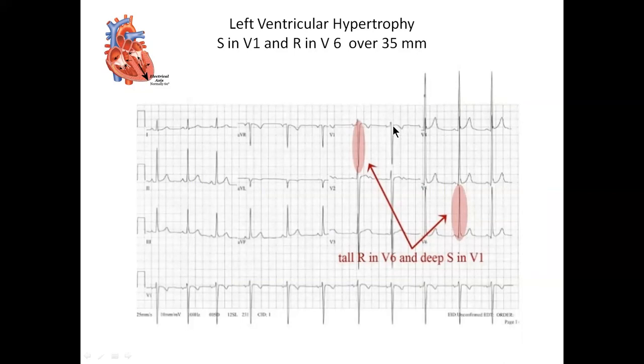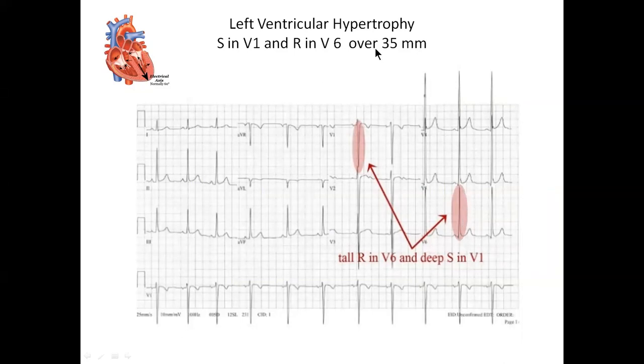And then what you do is you count how many squares you have there, and you add that to the R in V6. So this is V6 and the tall upward one is R, and you see how many squares it has.